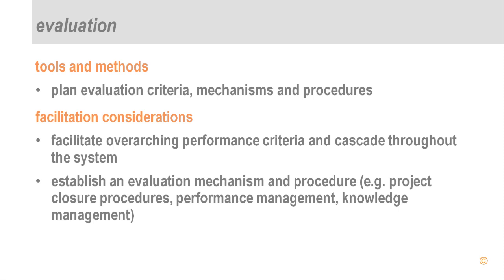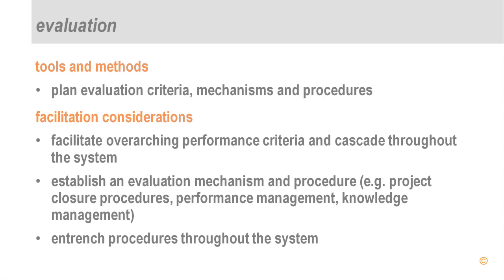In the context of a project, it could be a project closure mechanism and procedure. And in the context of ongoing management, it would be performance management and also knowledge management. And we need to ensure that those procedures are entrenched and practiced in all parts of the organization. In other words, by every planning forum.